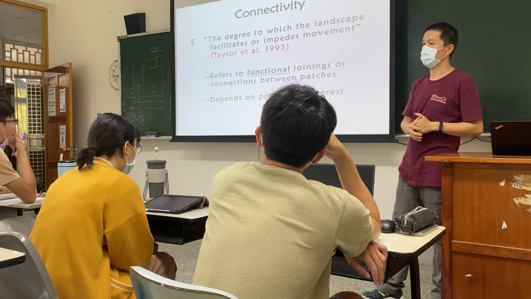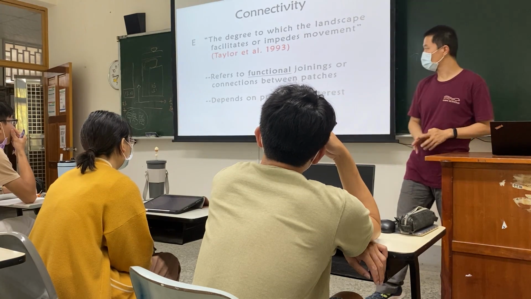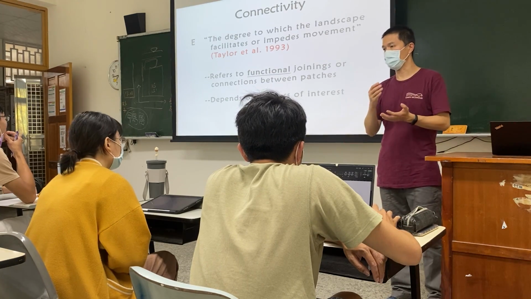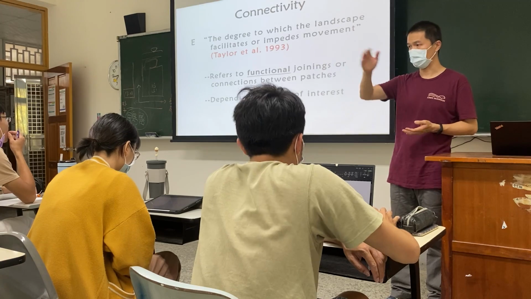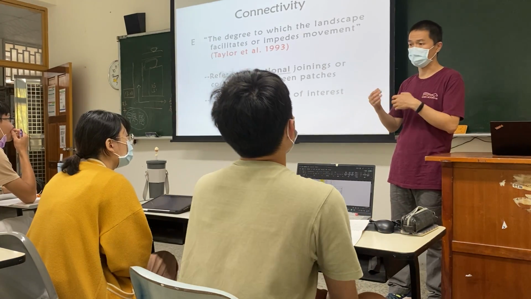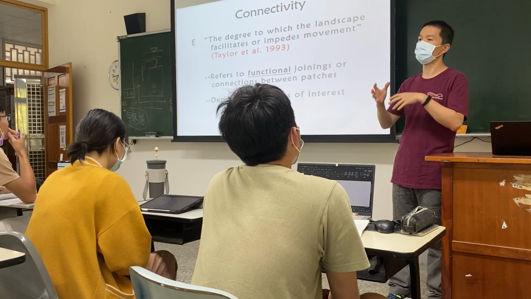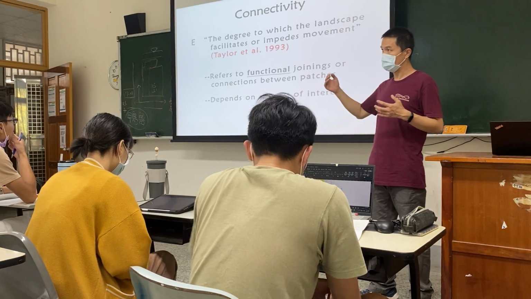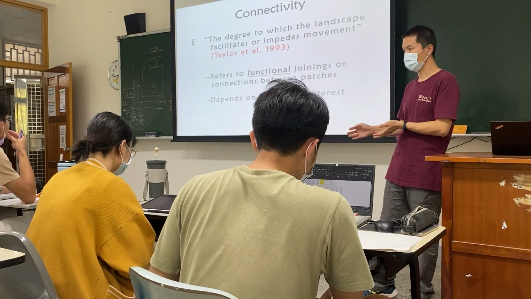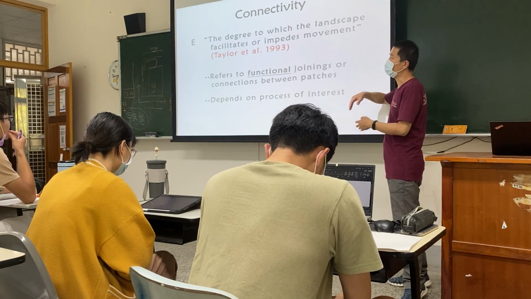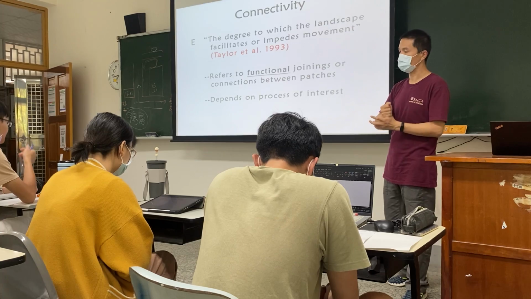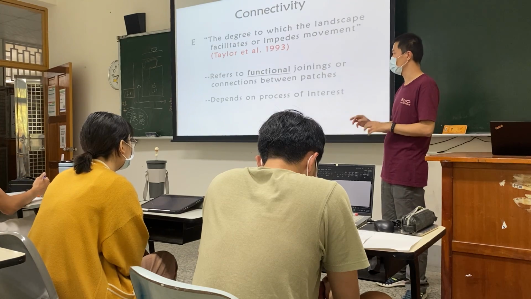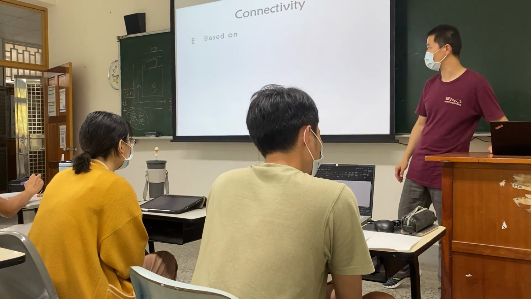And also the connectivity depends on the process of interest. If we're talking about movement, one animal moves from one place to another, it could also be seed dispersal, right? The seeds move from the mother tree to other places that may or may not be good for the seedling to germinate. So it really depends on what we're talking about. For different animals, whether or not the corridor actually functions depends on the species, depending on the process of interest.